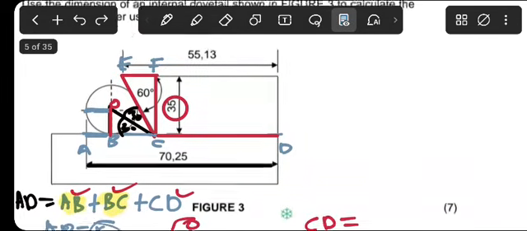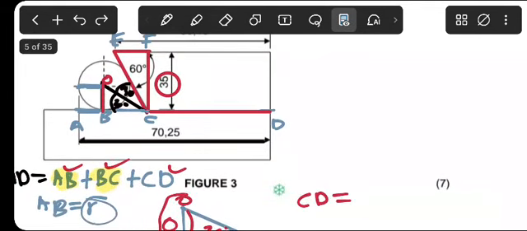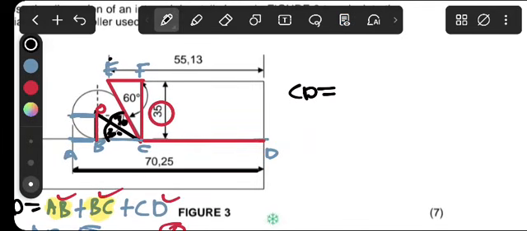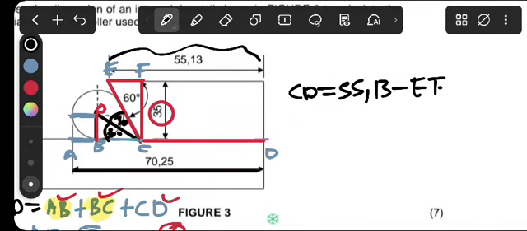That means CT will be equals to the whole distance, which is 55.13 minus EF. What is EF? We don't know EF, but we have the triangle here.